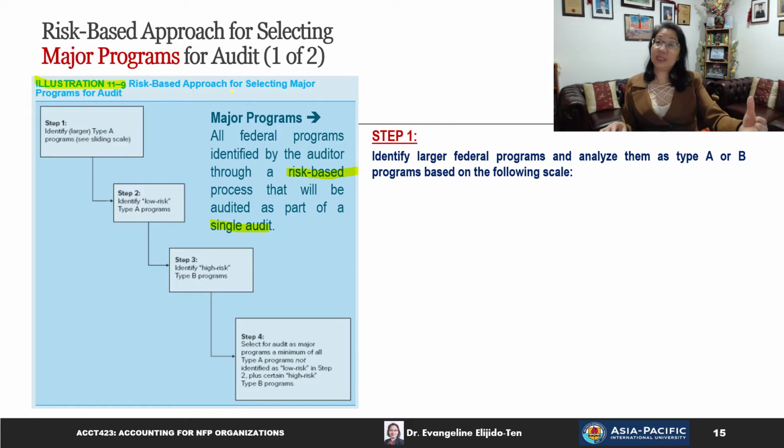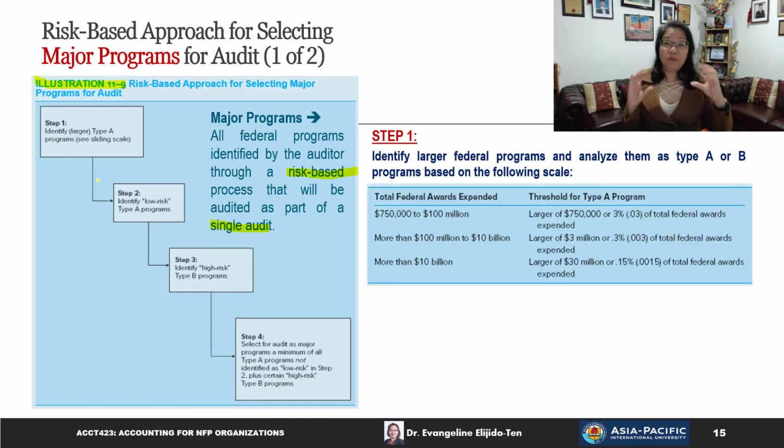In the first step, we are looking at identifying Type A programs. These are the larger federal programs that are major because of these amounts of expenditures. There is a scale that we need to use.